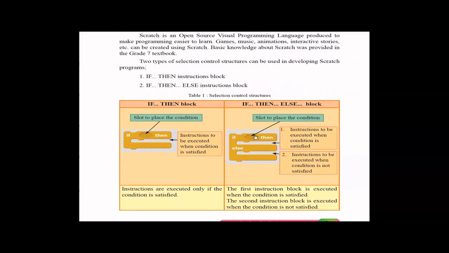And there's another thing, the if then else block. Similar to the earlier one, you put the condition here. The first part will happen when the condition is satisfied, that means the true part. Else, the instructions are executed only if the condition is not satisfied.